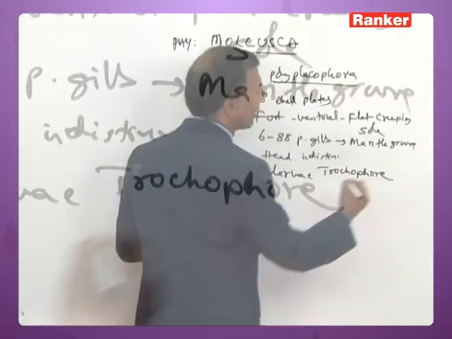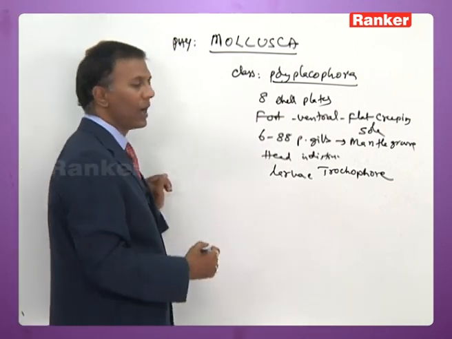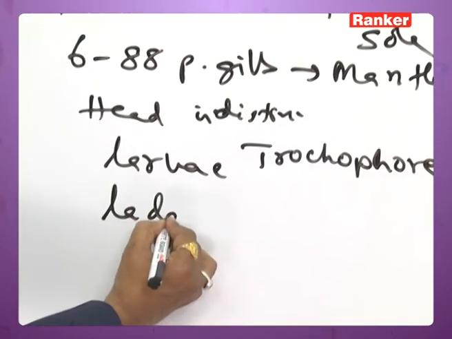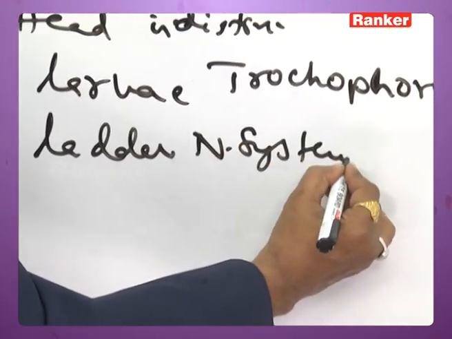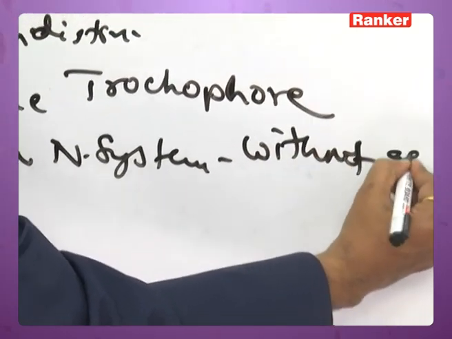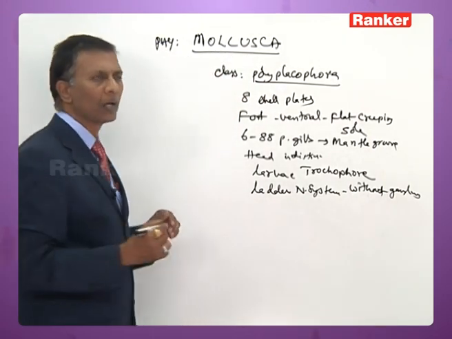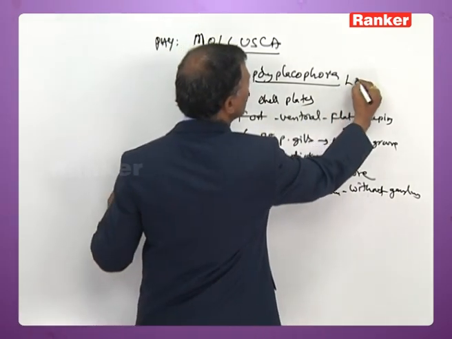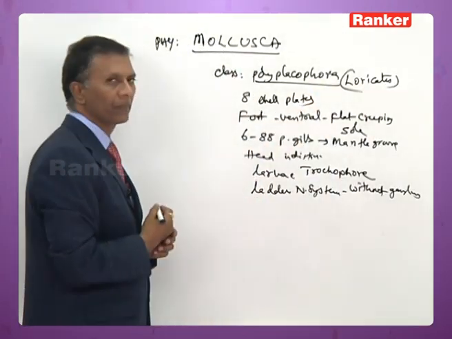Even in Polyplacophora, the nervous system is ladder-like, without ganglions. Polyplacophorans are also called loricates.